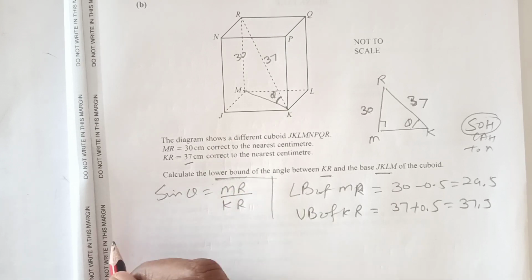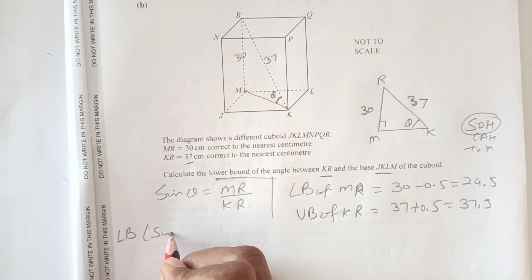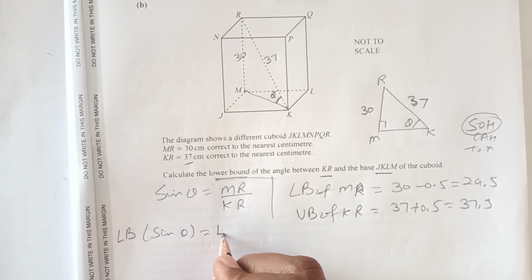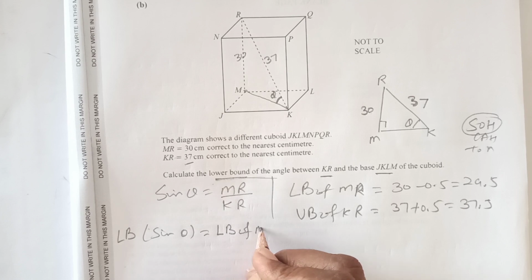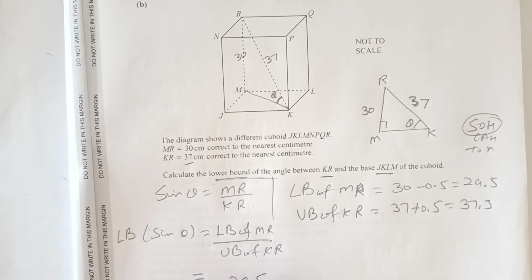So lower bound of sine theta is lower bound of MR over upper bound of KR. So this is 29.5 over 37.5.